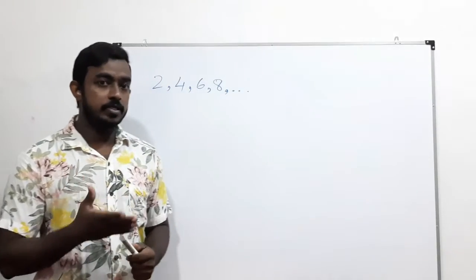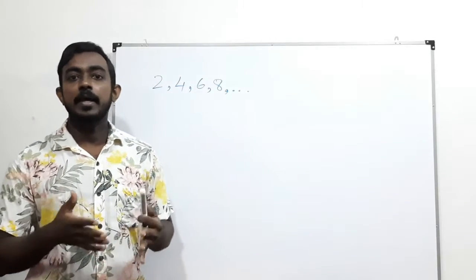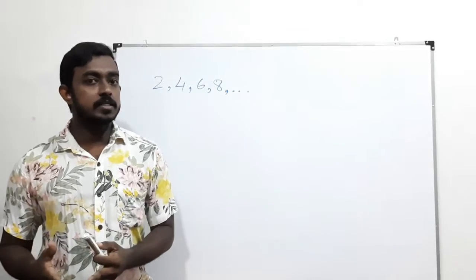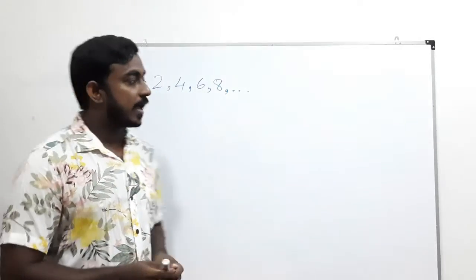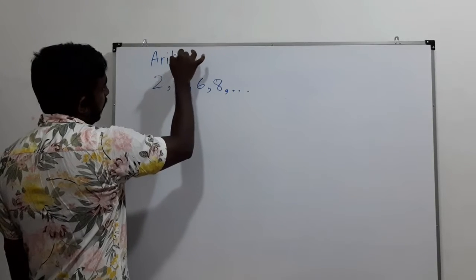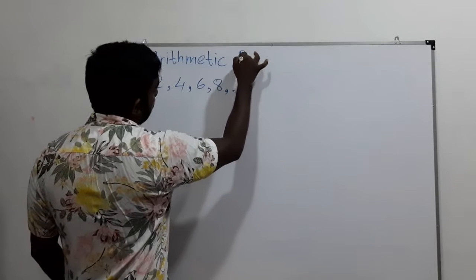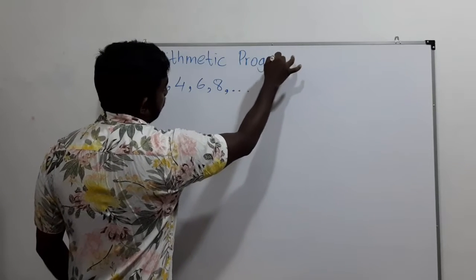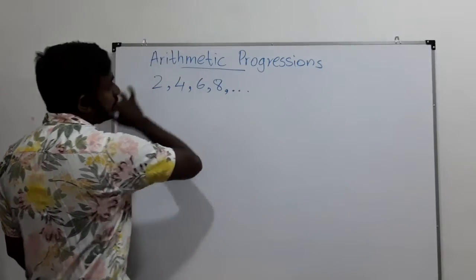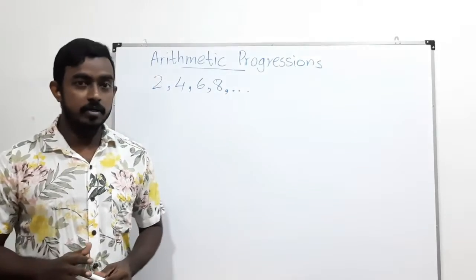If a number pattern is made by adding a term or by subtracting a term, then that is known as arithmetic progression. What we are going to learn today is arithmetic progression.